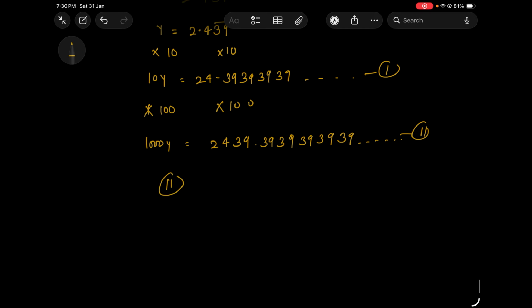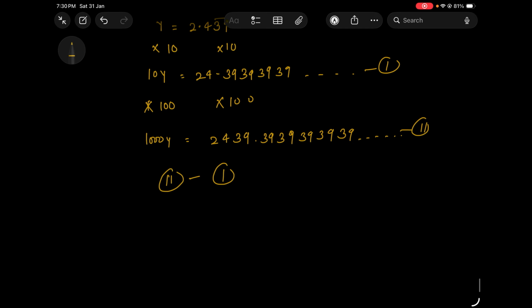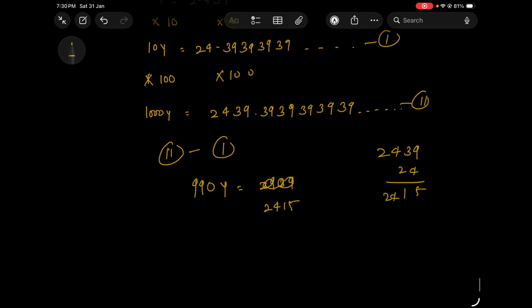When we subtract first equation from second equation, then we have 990y is equal to 2439 minus 24, which gives 2415.